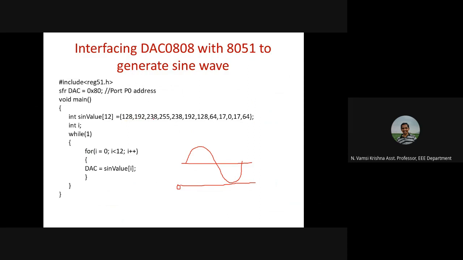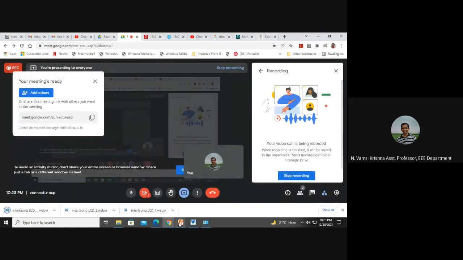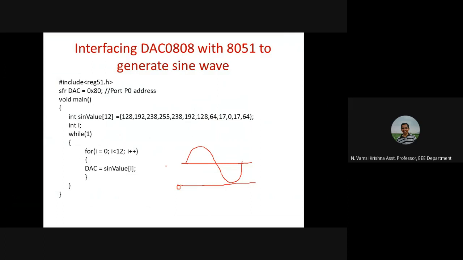The digital equivalents we place in an array, and we are giving input to the DAC one after the other: first sine 0, sine 30, sine 60. The outputs are available at DAC pin number 4.